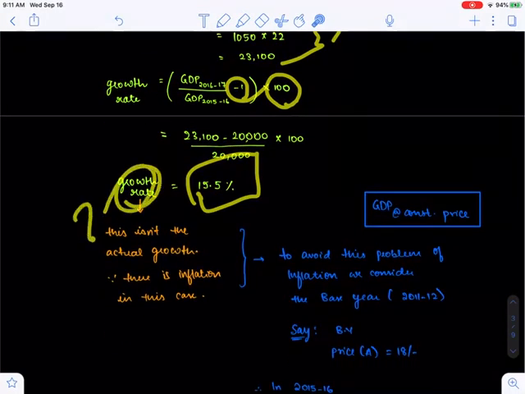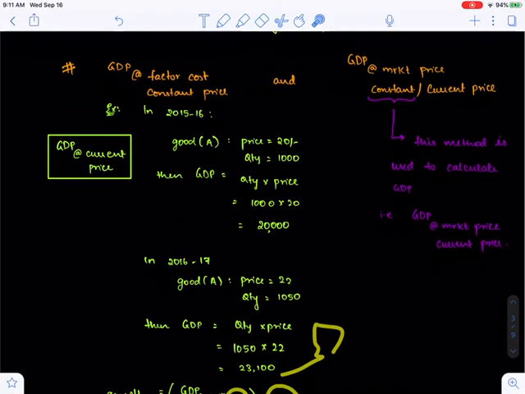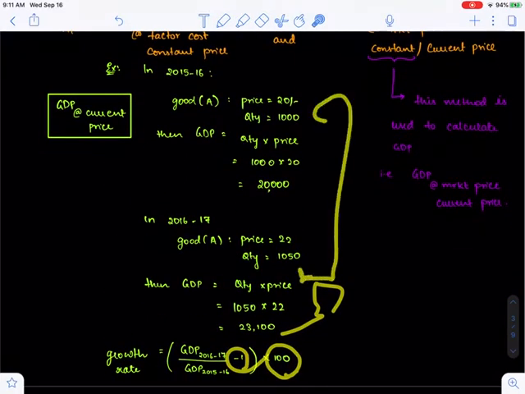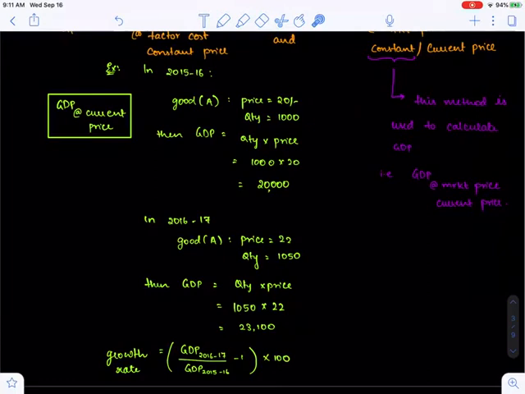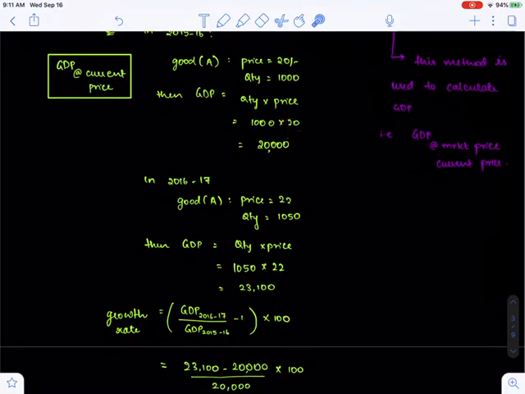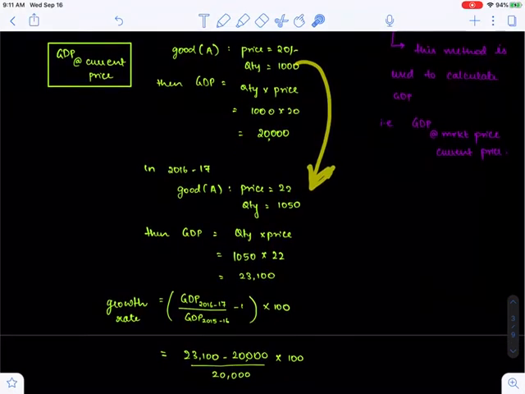But wait, this is called growth rate. When you observe this, we can conclude that it is not considered as the growth because there is an increase in the price of the good. That is, it is subjected to inflation.